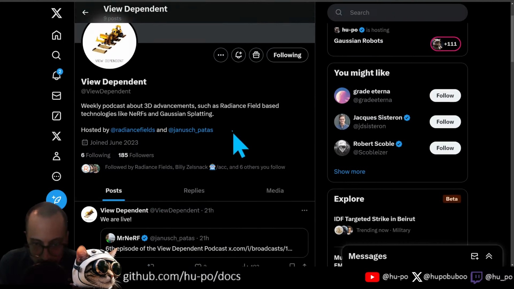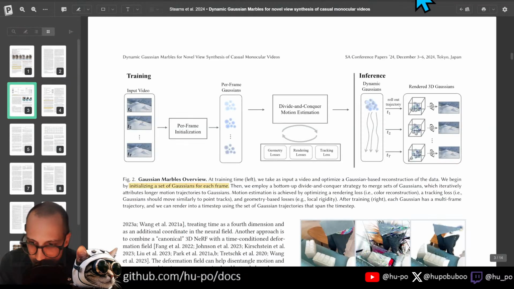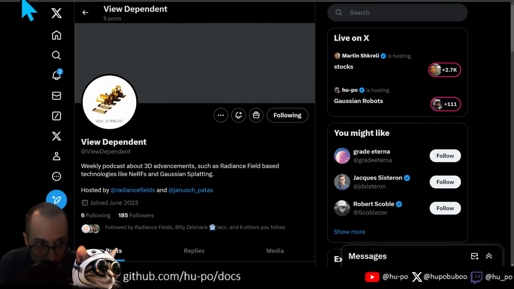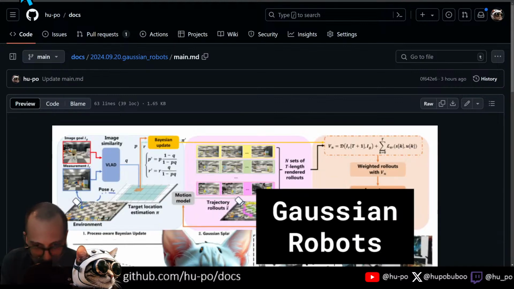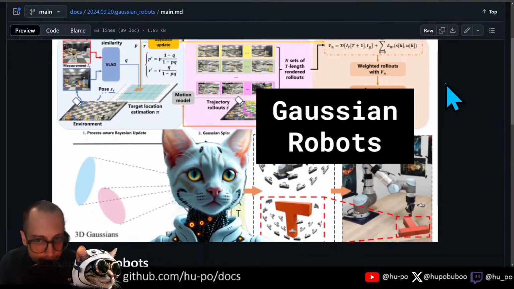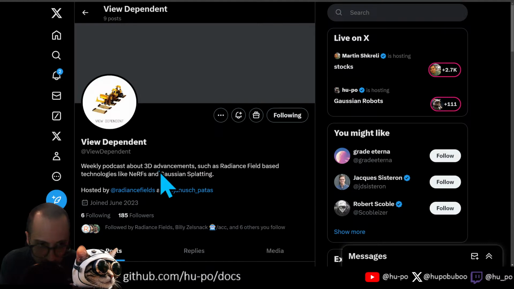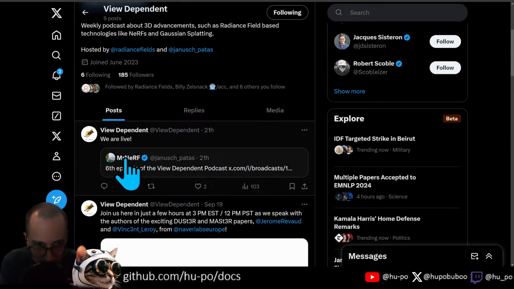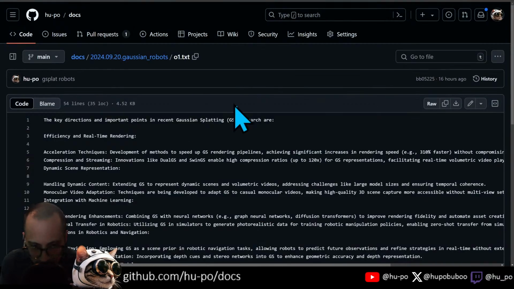Oh, this is another thing. This is almost completely unrelated, so sorry, guys, but I'm a Gaussian splats hobbyist. I'm a Gaussian splat enjoyer, but if you're really trying to get deep into Gaussian splats, there's a new technical podcast that came out called View Dependent. This is done by the Mr. Nerf guy, who's probably the go-to, he's my source of Gaussian splat papers.